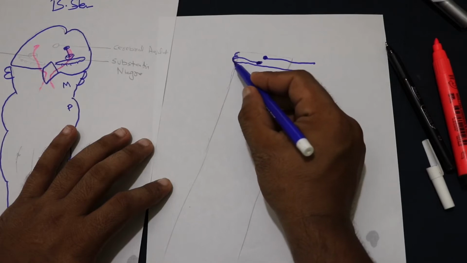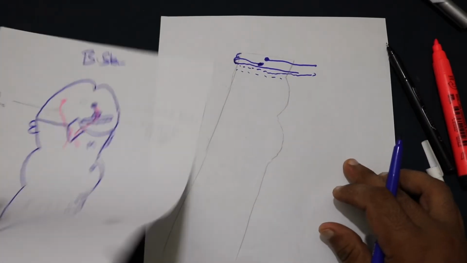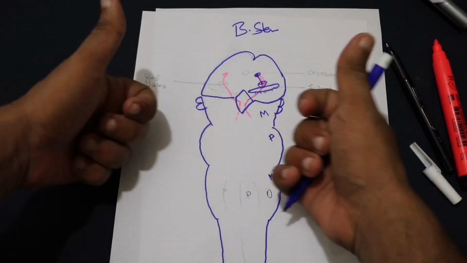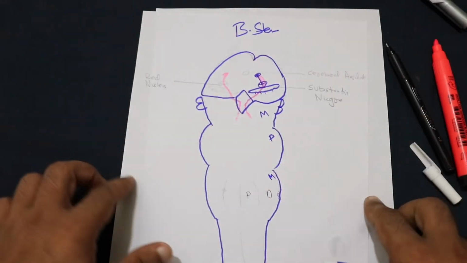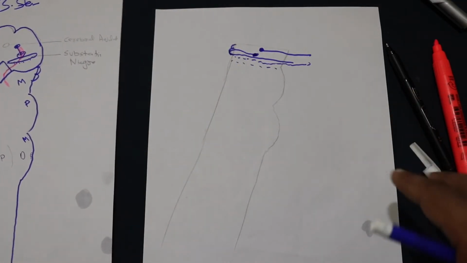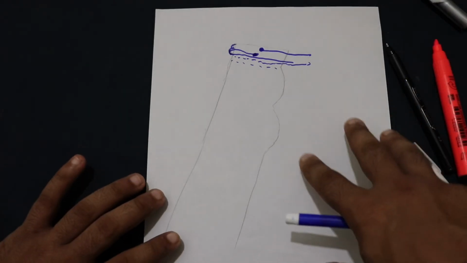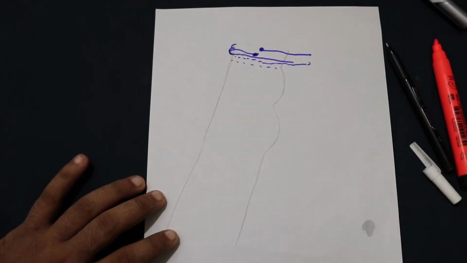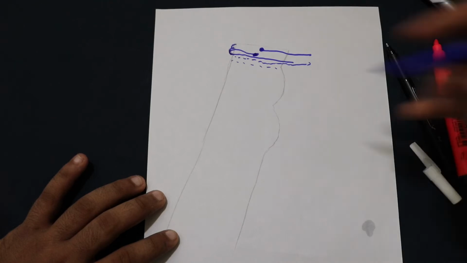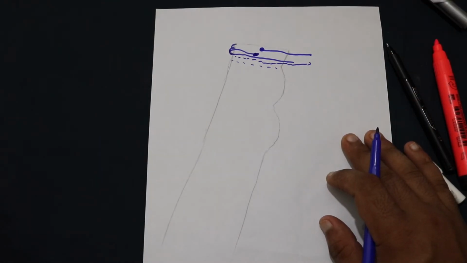Similarly on this side, it goes back, turns, and comes anteriorly. This is the only nerve of all the 12 cranial nerves in the brainstem which does it like this. No other nerve does it like this. So we're done with the trochlear nerve, which is a bit different.